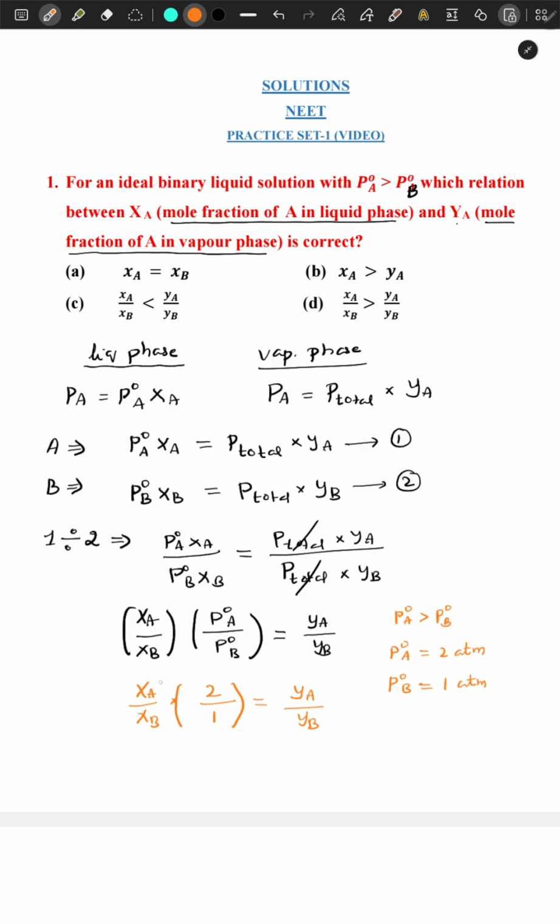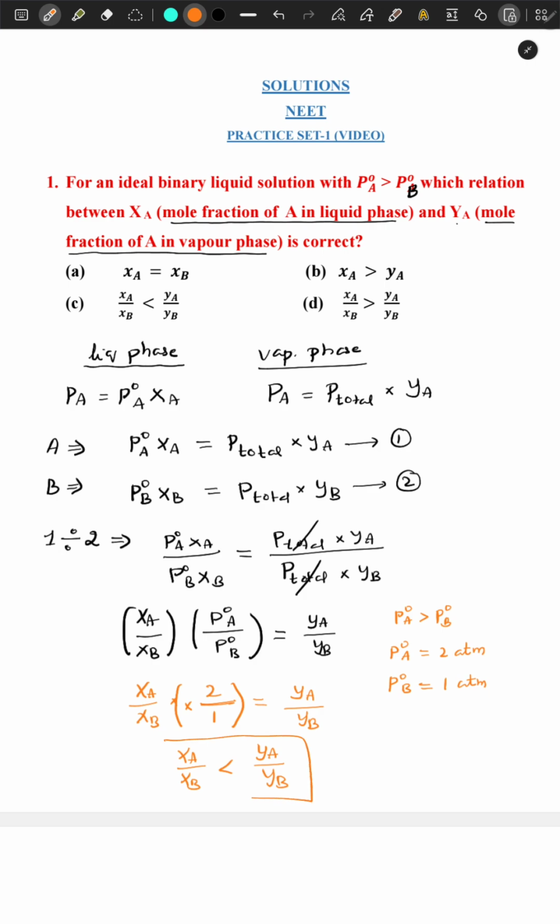It is very simple. If the chi A by chi B ratio is multiplied with the number 2, then only will it be equal to Ya by YB. Is it clear? So when chi A by chi B is multiplied with some number 2, that will be equal to Ya by YB. That means the chi A by chi B value is lesser than Ya by YB. Is it clear?